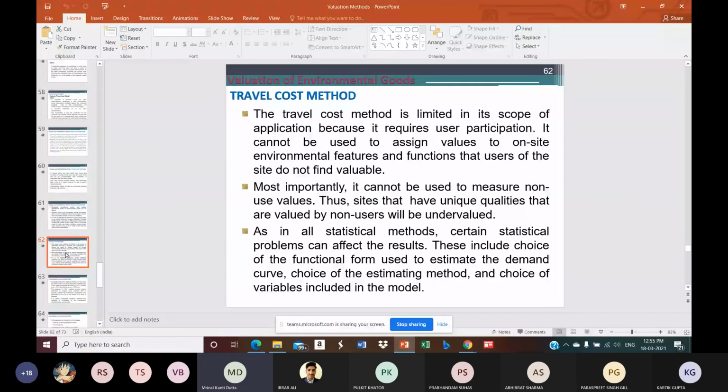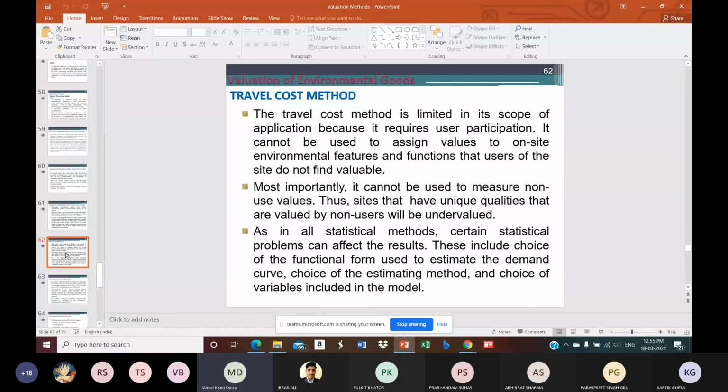But the fact is that in certain cases, where we have both use value as well as non-use value, probably one method will not be sufficient. In those cases, in all probability, a combination of these types of methods, where one is the revealed preference method and the other is the stated preference method, can be resorted to.